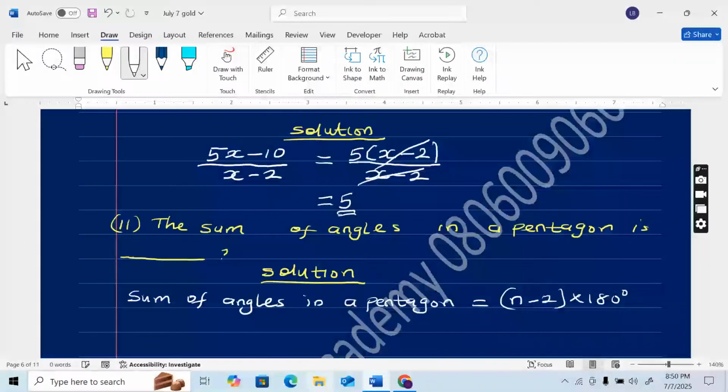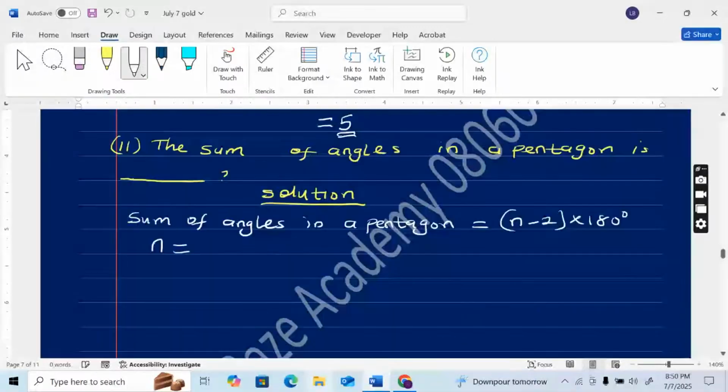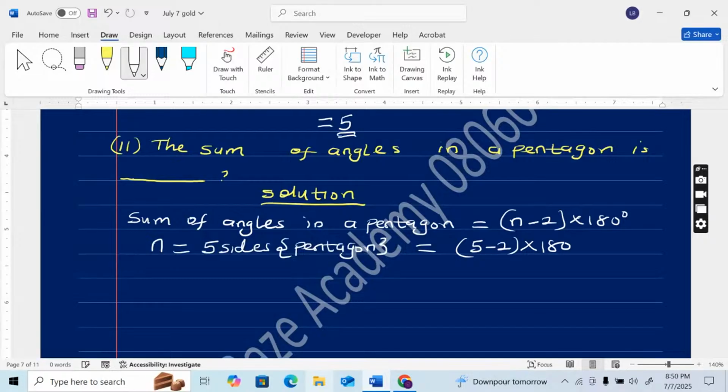So n is the number of sides. N is 5 because it's a pentagon, and a pentagon has 5 sides. So we are going to have 5 minus 2 multiplied by 180 degrees. 5 minus 2 gives 3. Then 3 times 180 degrees gives 540 degrees. So that means a pentagon has the sum of angles of 540 degrees. I believe we get that.